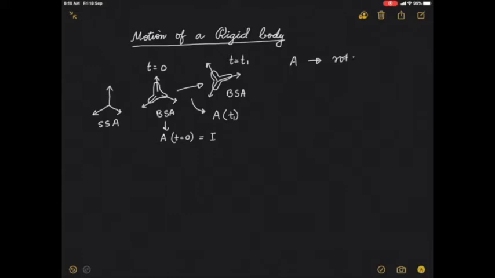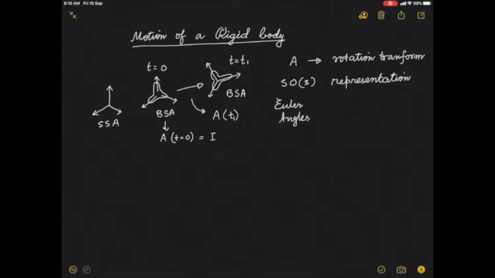So in general, A, which is the rotation transformation, can be represented now in different ways. So let us just talk a little bit about the SO(3) representation. And one way we can represent it is using the Euler angles in the SO(3) representation.